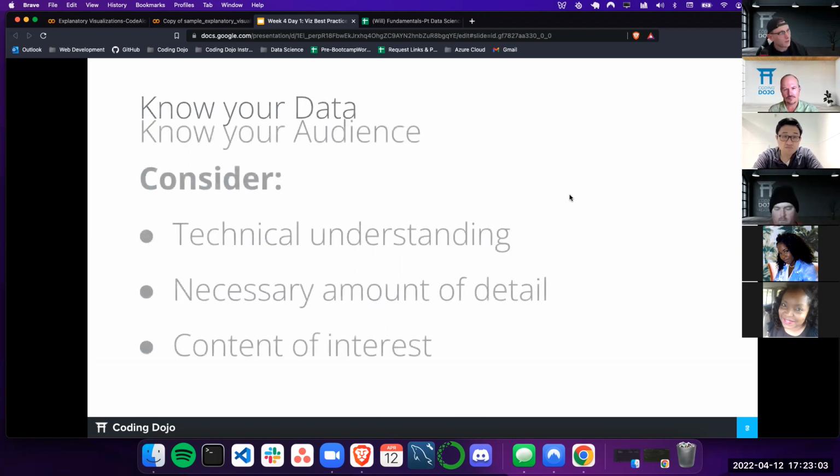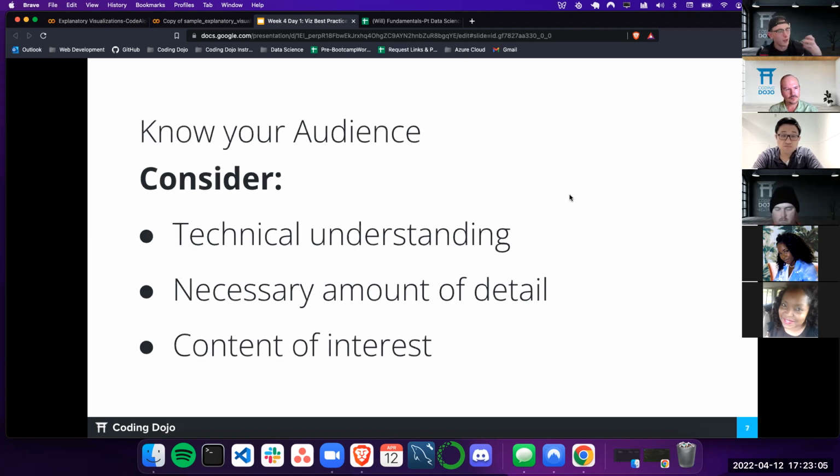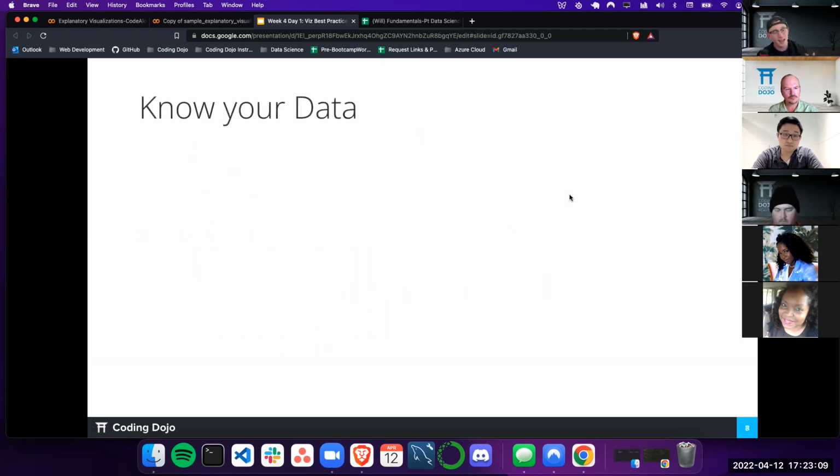The second piece of that, so first off, you have to know your audience, right? You have to understand how technically in depth you want to go. The second thing is you have to know your data. And again, that's where exploratory data analysis comes in. We want to know our data before we just start creating visualizations, because we don't want to falsely portray any anomaly, or falsely portray our data and what was happening there, right?